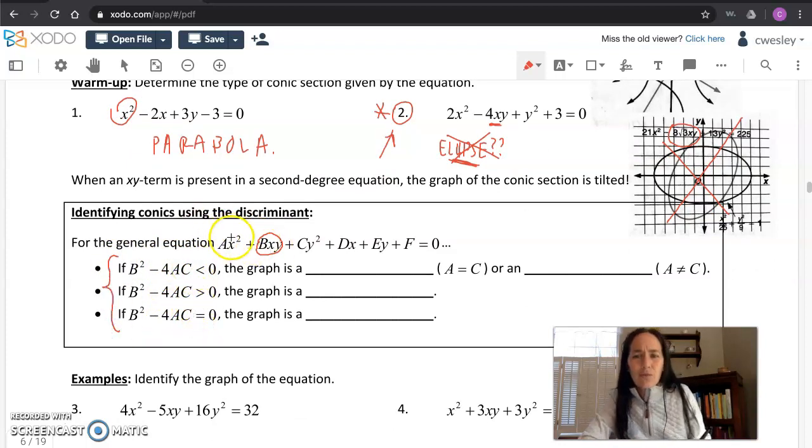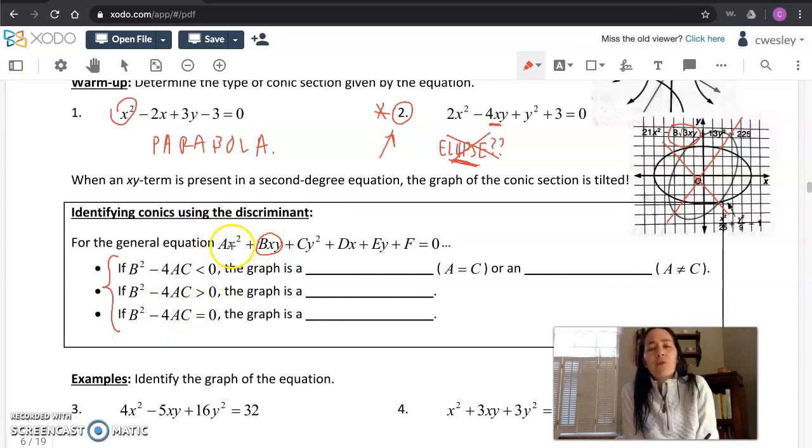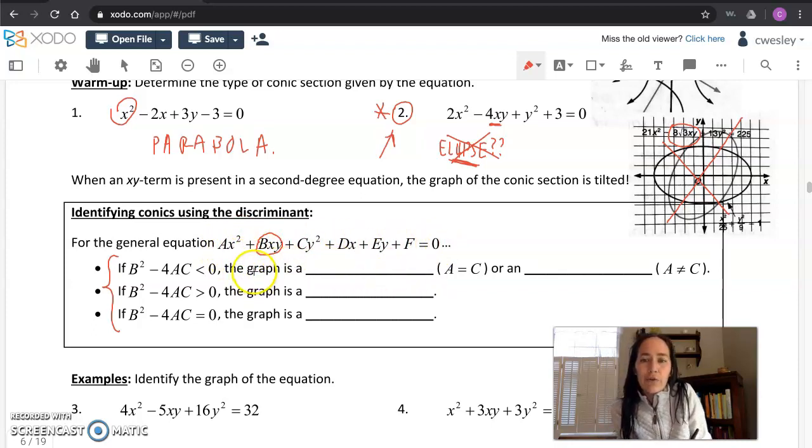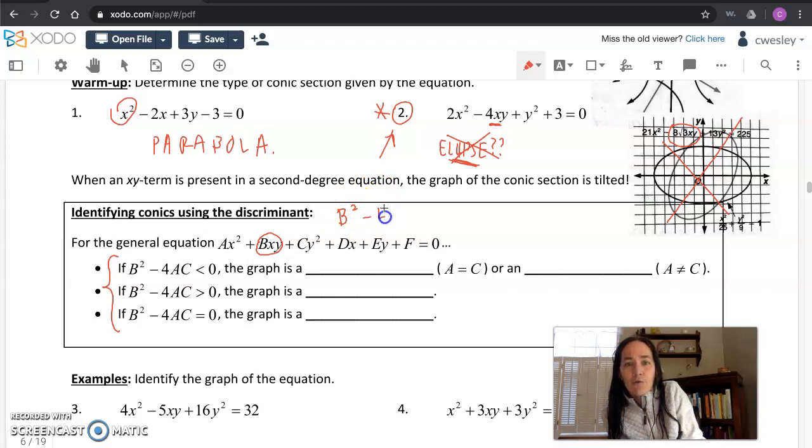Discriminants like we used to know and love were just that b squared minus 4ac part that was inside of the radical using the quadratic formula, right? We'll talk a bit about the quadratic formula today. But here we're using these capital coefficients, A through F, and this conic section actually has a discriminant. Its discriminant is going to be the same, but with capital letters. B squared minus 4AC is still the discriminant here.